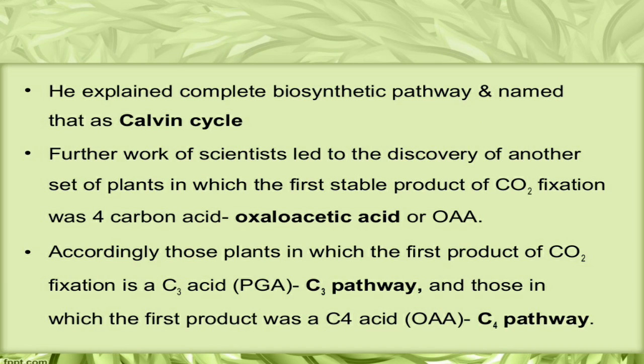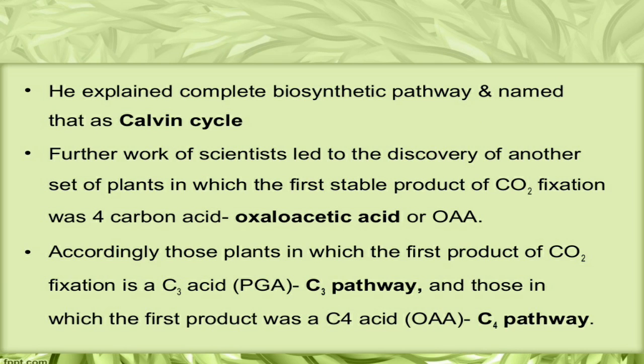He explained the complete biosynthetic pathway and named that as Calvin cycle or dark reaction. Further work of scientists led to the discovery of another set of plants in which the first stable product of carbon dioxide fixation was a 4-carbon acid, that is oxaloacetic acid, that is OAA.